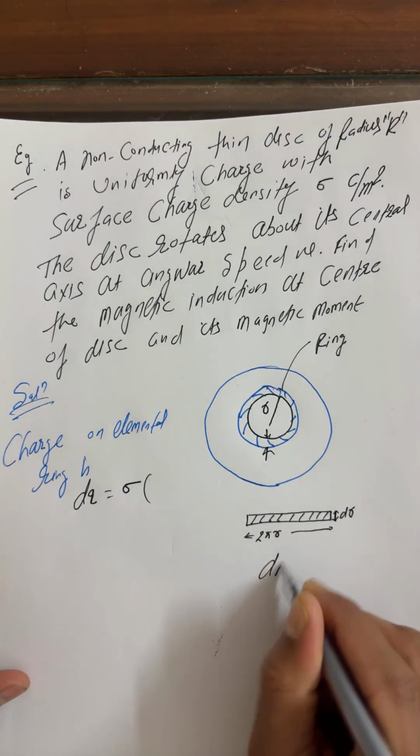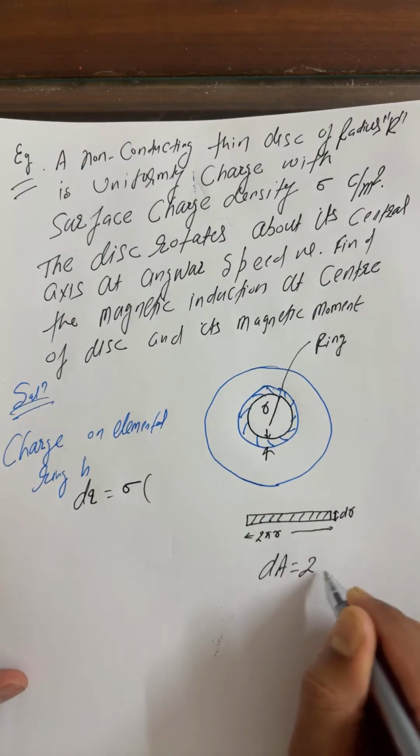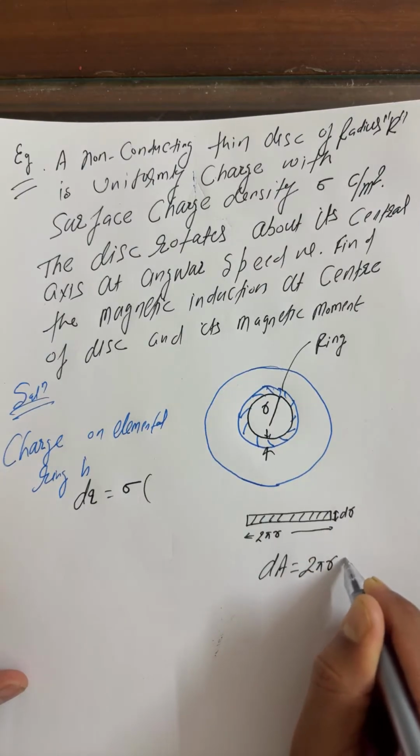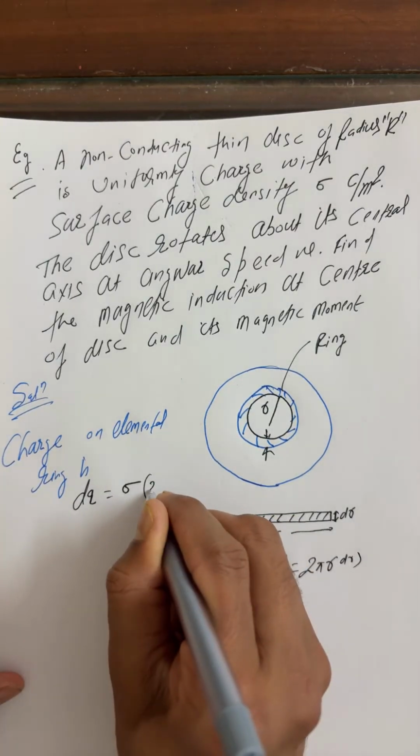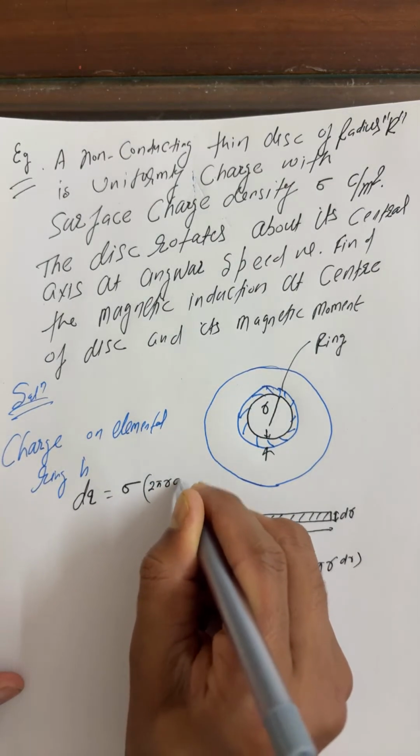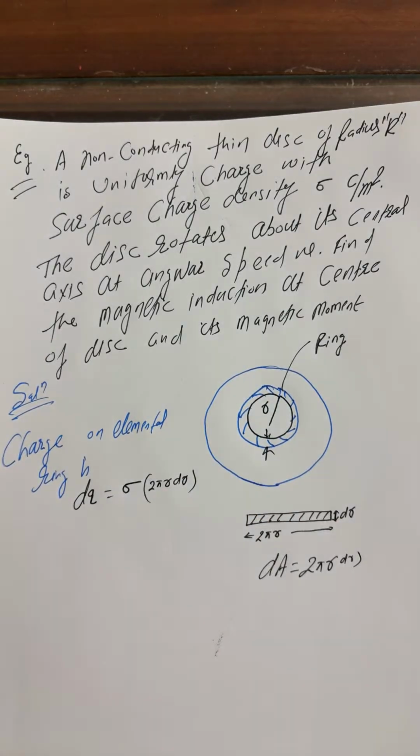Length into breadth of the rectangle, so this is 2 pi r into dr. So dq is sigma into dA, right, students?